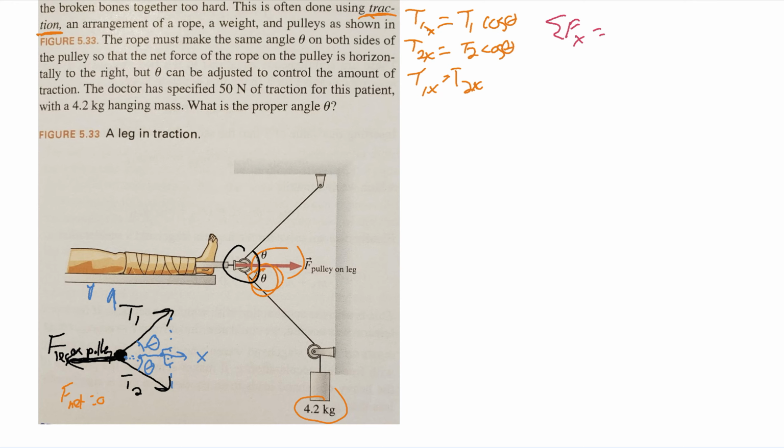I'm going to write down exactly what I have before I start substituting. So I have T1x plus T2x, and a negative F, leg on pulley. That would normally equal mass times acceleration in the x direction, but we have a net force of 0, so this equals 0.